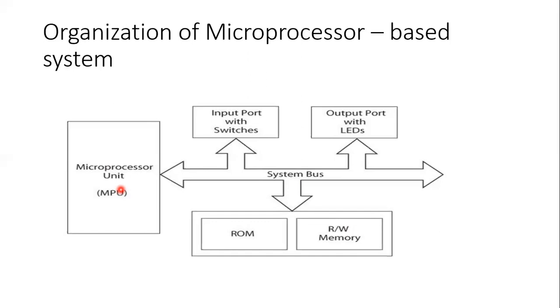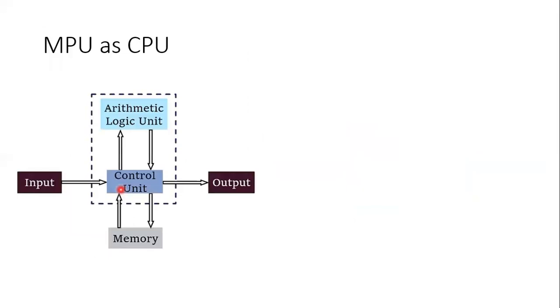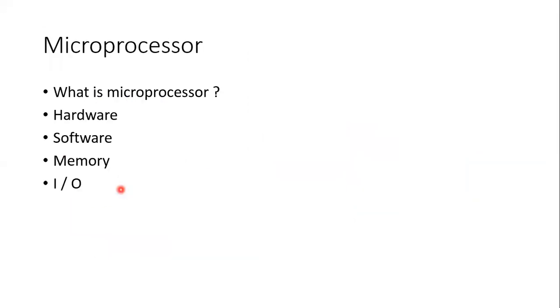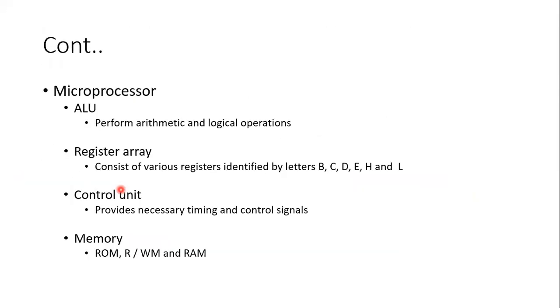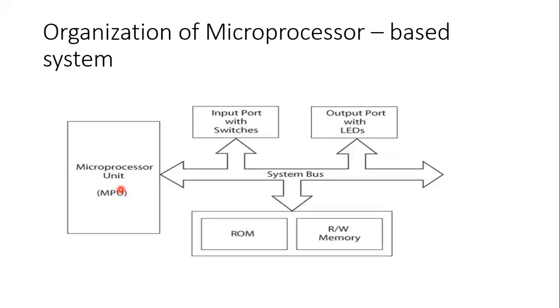Okay. Now, the microprocessor unit consists of CPU, register array, and then control unit. I already told you what is your arithmetic and logic unit.